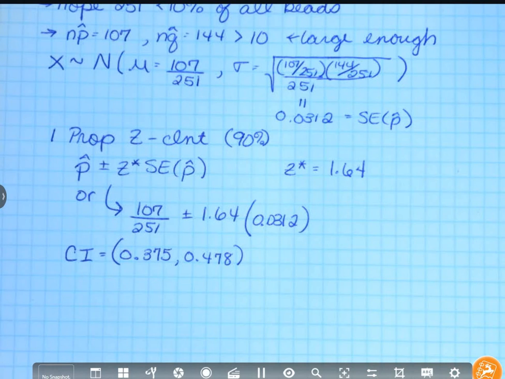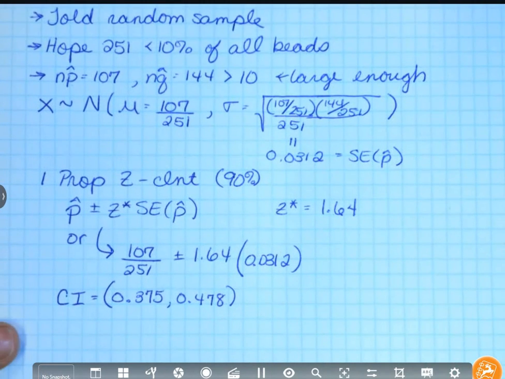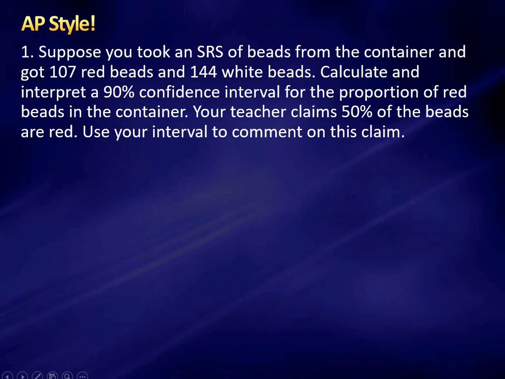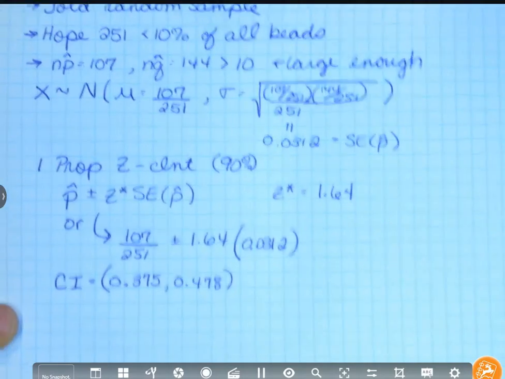What's the step after that? Interpret. Interpret what? My results in context. It even said in your instructions, calculate, done, and interpret a 90% confidence interval. Generally, you're going to do the interval unless they ask for the level. So how do I interpret this?